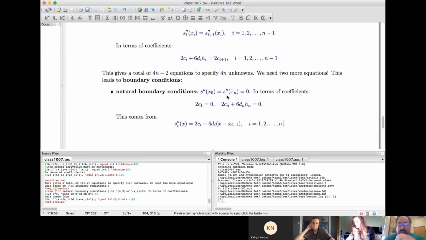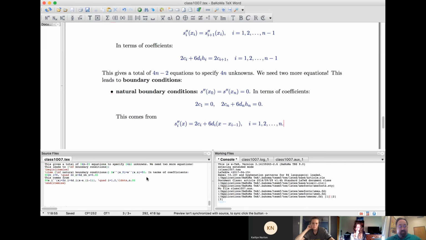So that's where these two expressions come from. So questions on these boundary conditions? All right. So that's one kind.